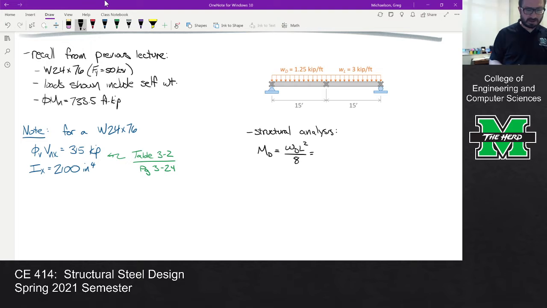So we're going to do WL squared over 8, and the reason for that is it's a simply supported beam with a uniformly distributed load. Now, the one thing to keep in mind is, what is my L in this formula? So it's 1.25 kips per foot. What's L?